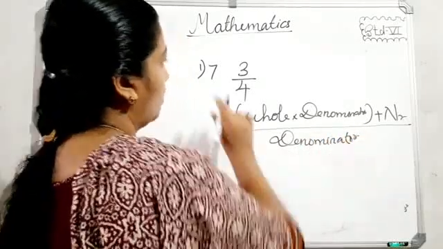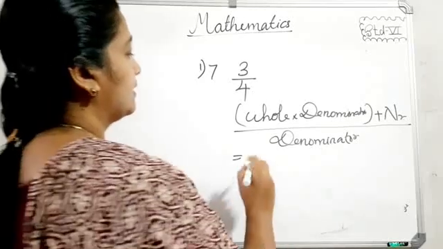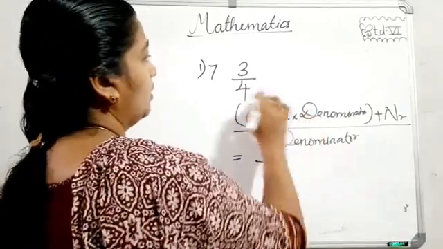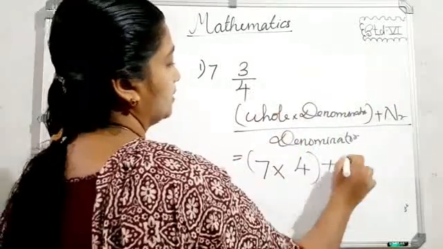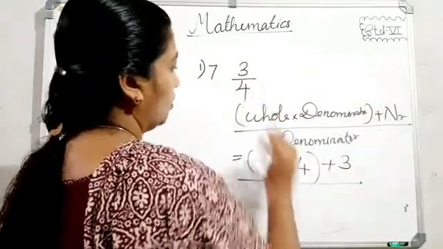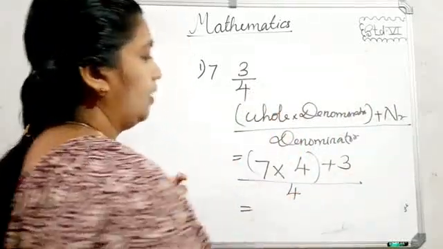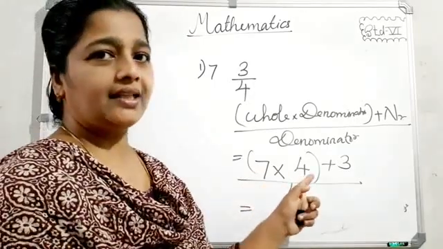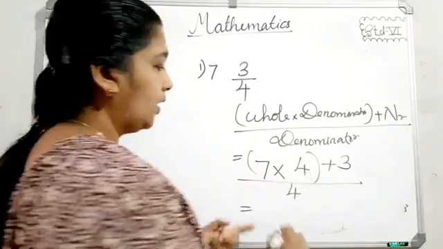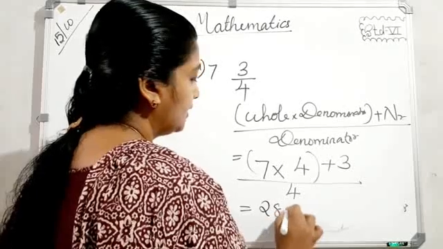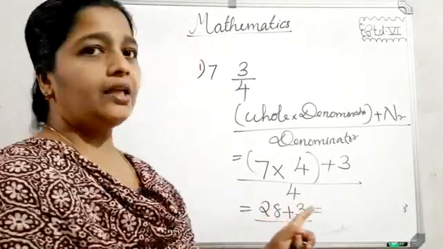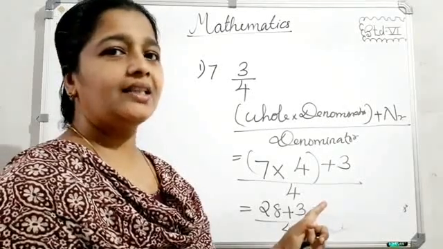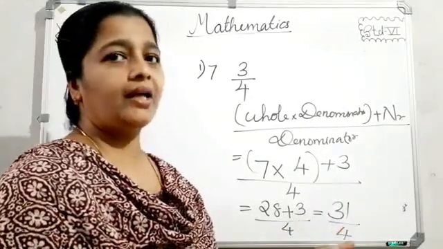Listen, whole means this whole number, that is 7, into denominator 4, plus numerator 3, by denominator 4. That equals 7 into 4. Say the answer. 7 fours are 28, plus 3 by 4. That equals 28 plus 3, which is 31 by 4.